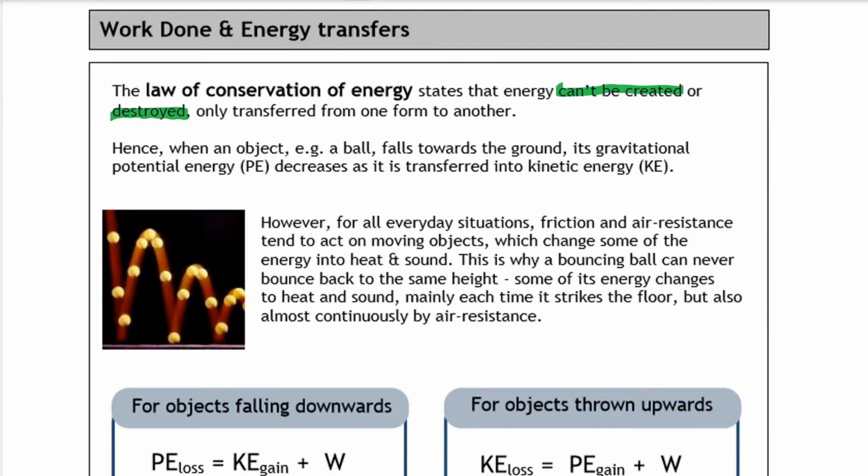You might think, oh, you create light energy. No. What you're doing is transferring electrical energy into light energy and some heat energy. There's a difference. And you're not destroying the electrical energy. You're transferring the electrical energy.